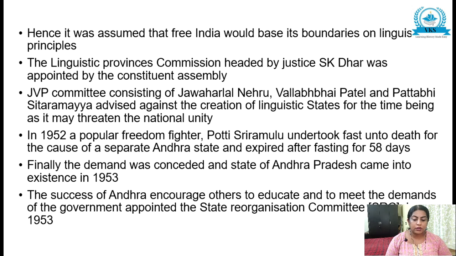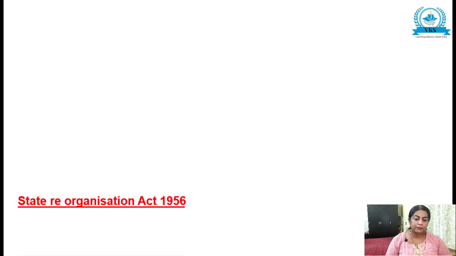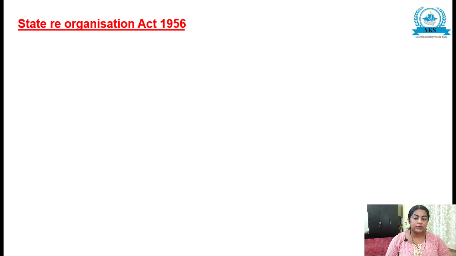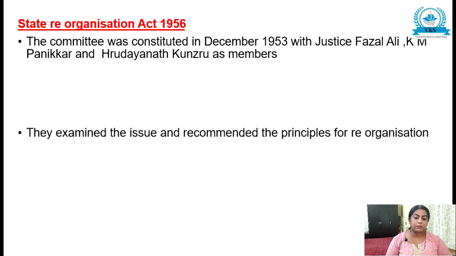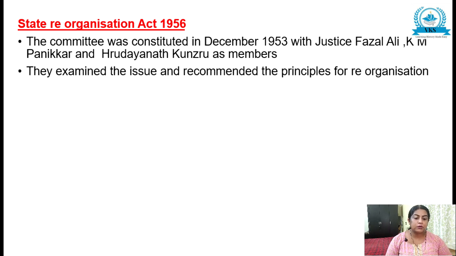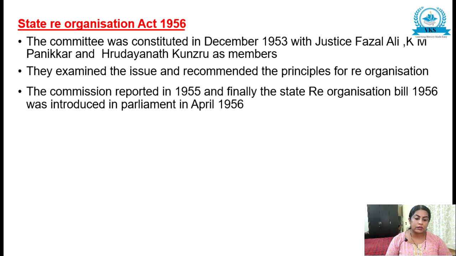The success of Andhra encouraged others to make similar demands, and the government appointed the State Reorganization Committee in 1953. Now, State Reorganization Act 1956. The committee was constituted in December 1953 with Justice Fazal Ali, K.M. Panikar and Hridayanath Kunzru as members. They examined the issue and recommended the principles for reorganization.